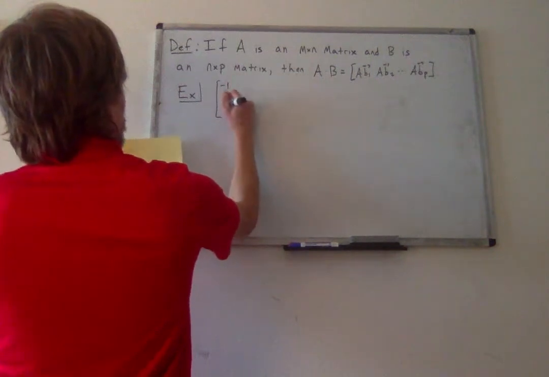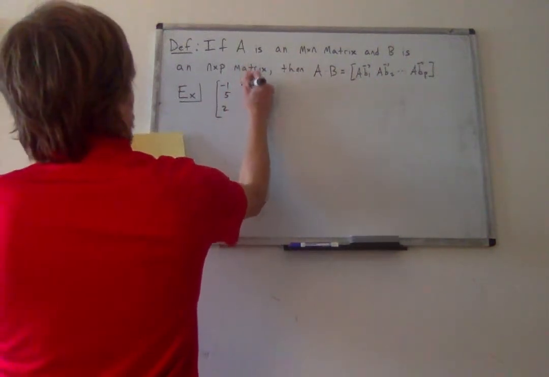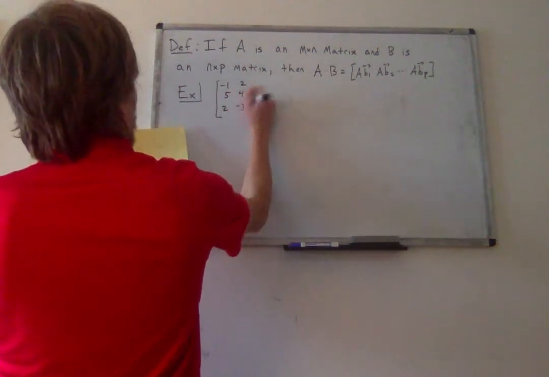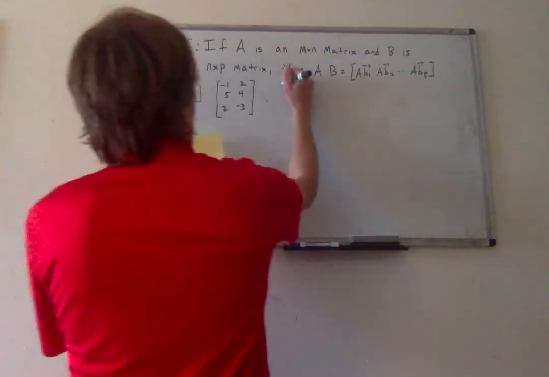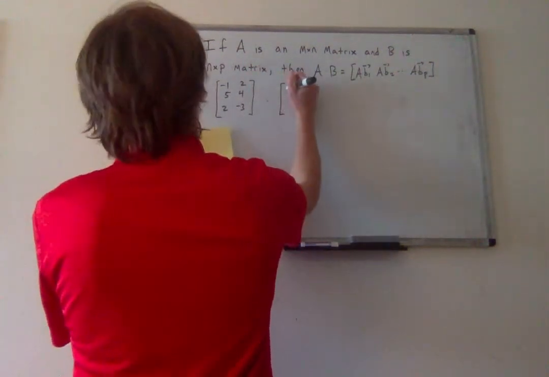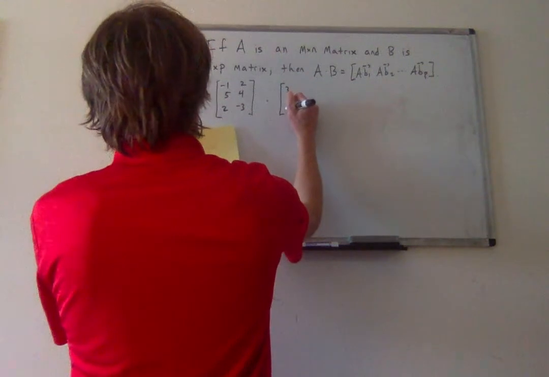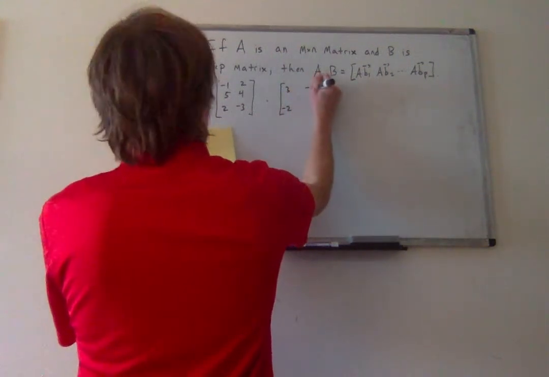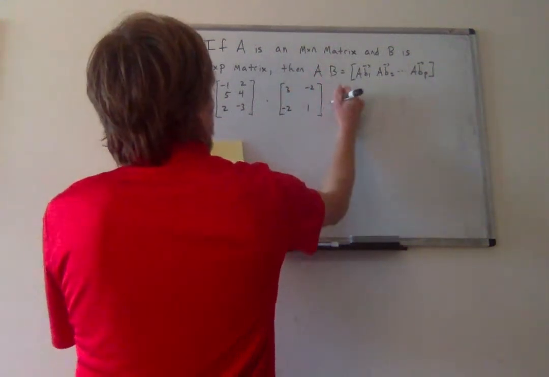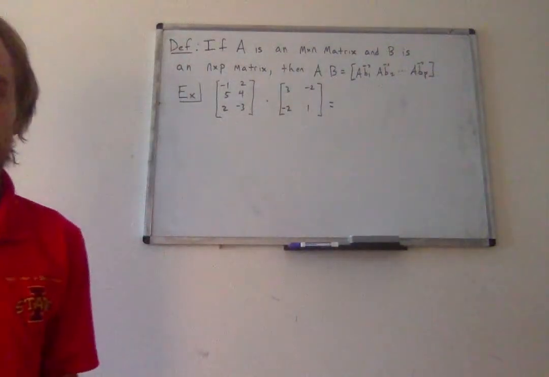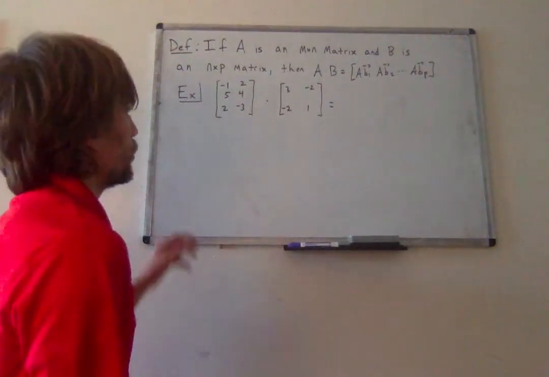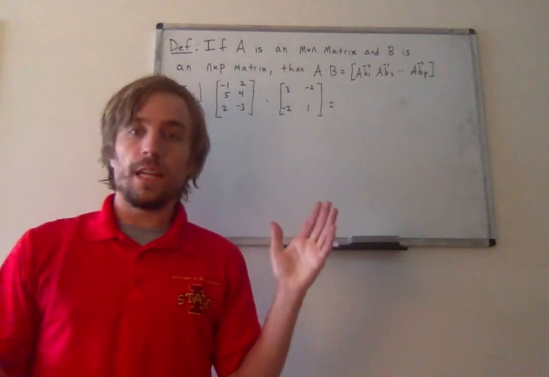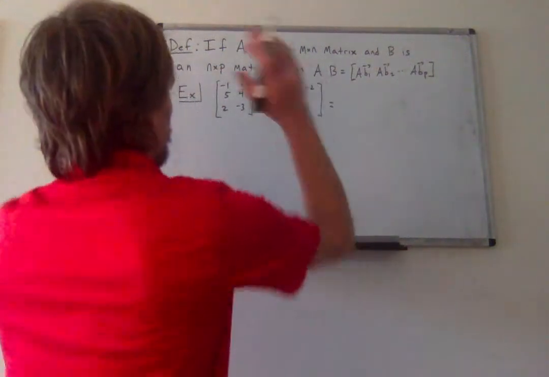-1, 5, 2, 2, 4, -3, times 3, -2, -2, 1. All right, so what you do is you start with the first row of A, much like the vector dance.